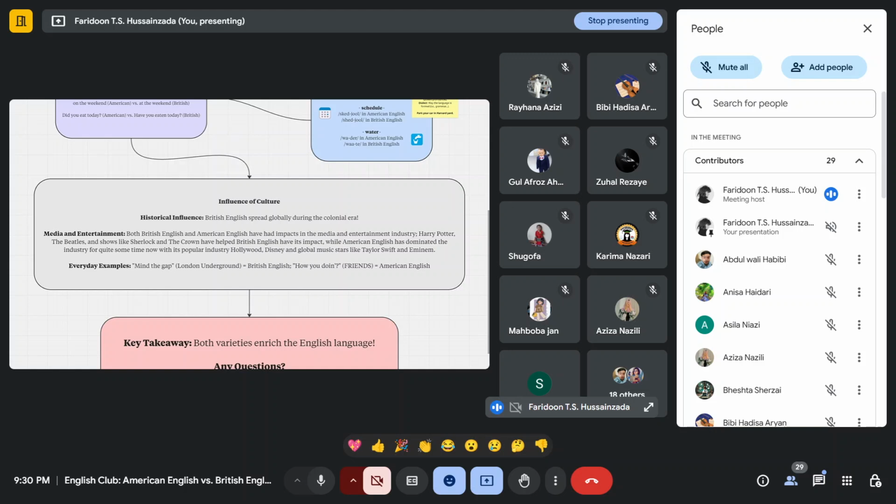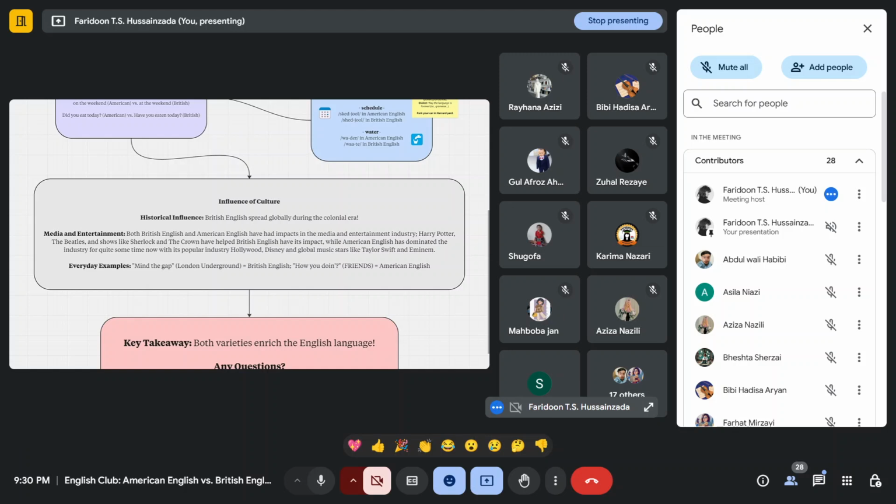But right now, we all know that American English is the bigger variety of the two. Most people in the world have heard American English more than they've heard British English, and that does play a big role here.